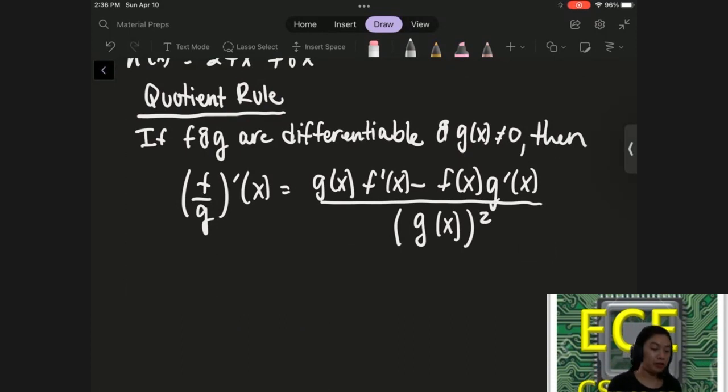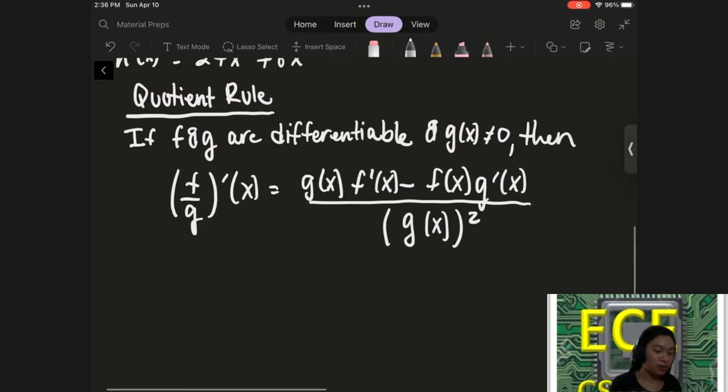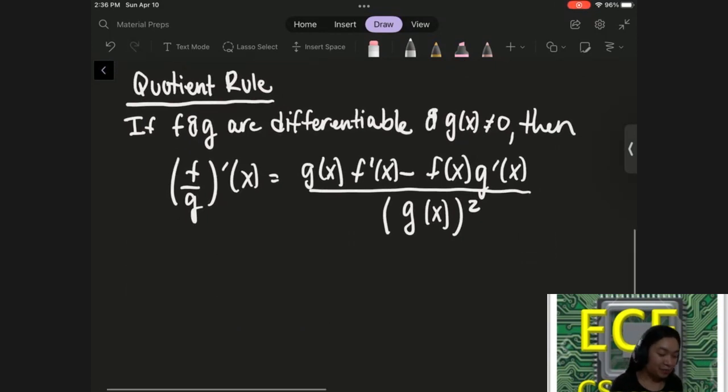This one's a lot harder to memorize, but there's a cute little trick. It's low, so g of x, d high, the derivative of the top, which is f, minus high, d low, and square the bottom, and away you go. That's how I remember it. And since we have g of x in the denominator, that's why we need the requirement that g of x does not equal 0, because you can't have a 0 in the denominator.